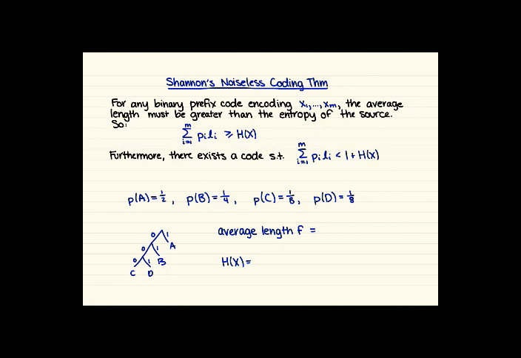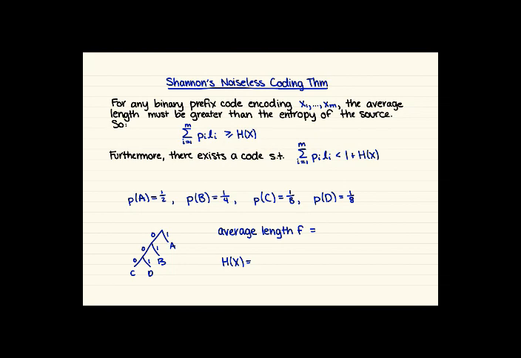So when we're looking at these letters and their frequencies and computing the entropy of that stream, then that entropy is going to be less than or equal to the average length of the encoded words, that thing that we've just been computing.